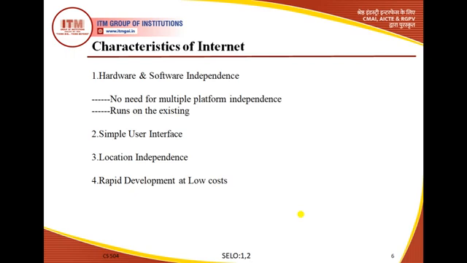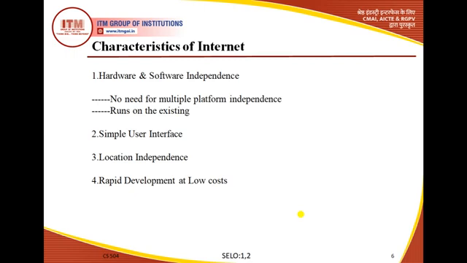If you want to book certain food items, then sitting at our home we can order the food, and online food delivery services are available. So there is no location dependency present, right?